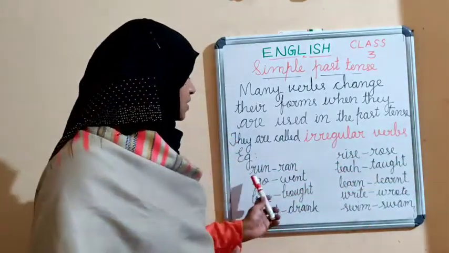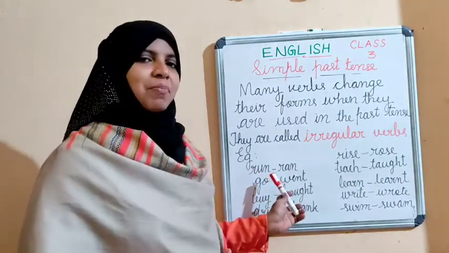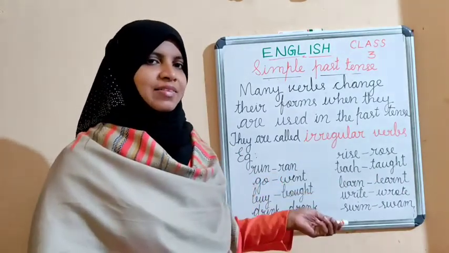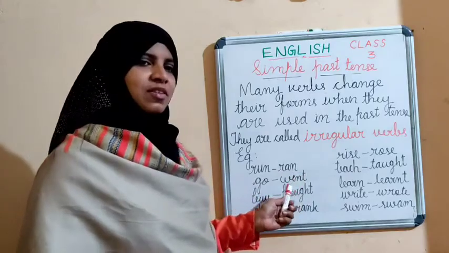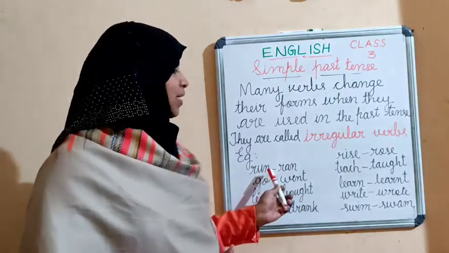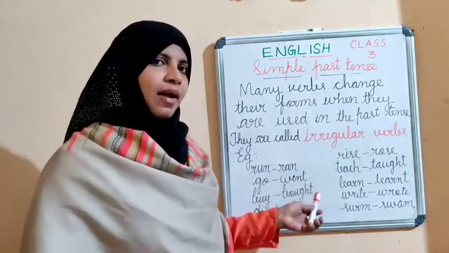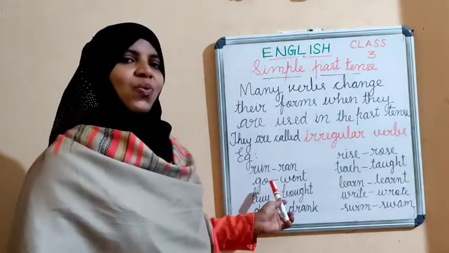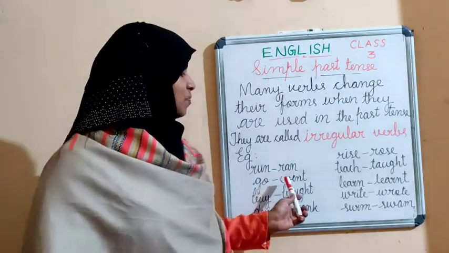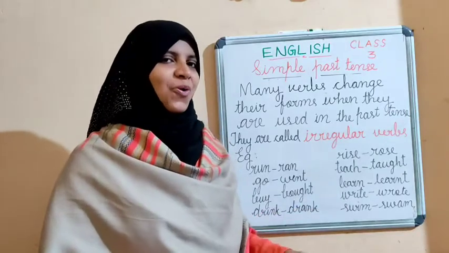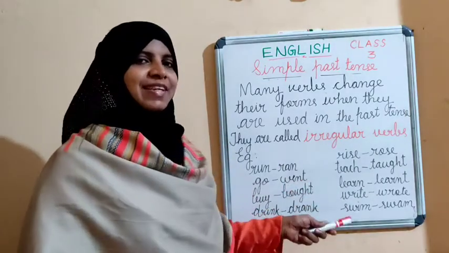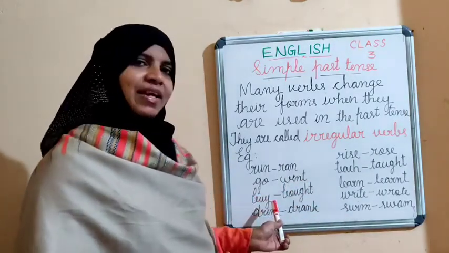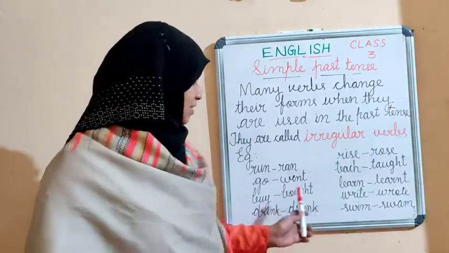For example, run. What is the past tense? Ran. Spelling is changed. R-U-N, run. R-A-N, ran. Go. Past tense is went. Go, went. Totally changed. Buy, bought.